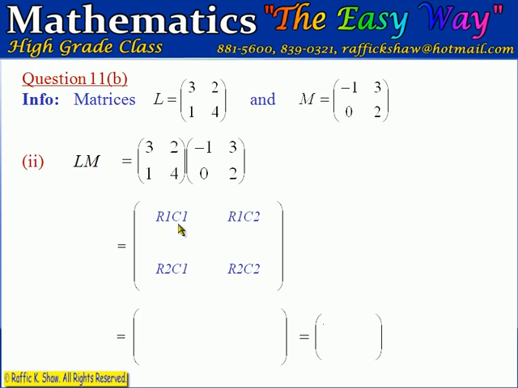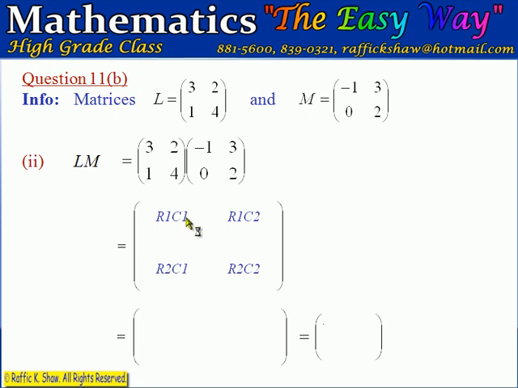Now R1 C1 here means row 1 column 1. The element here is in the first row and the first column. So what it means is we have to multiply the first row of this matrix by the first column of this matrix. When we do our multiplication in matrices, we take the rows from the first matrix and the columns from the second matrix.